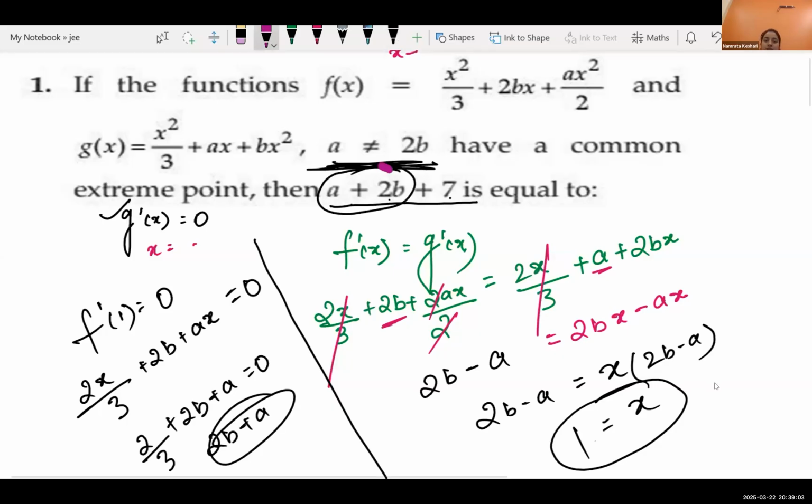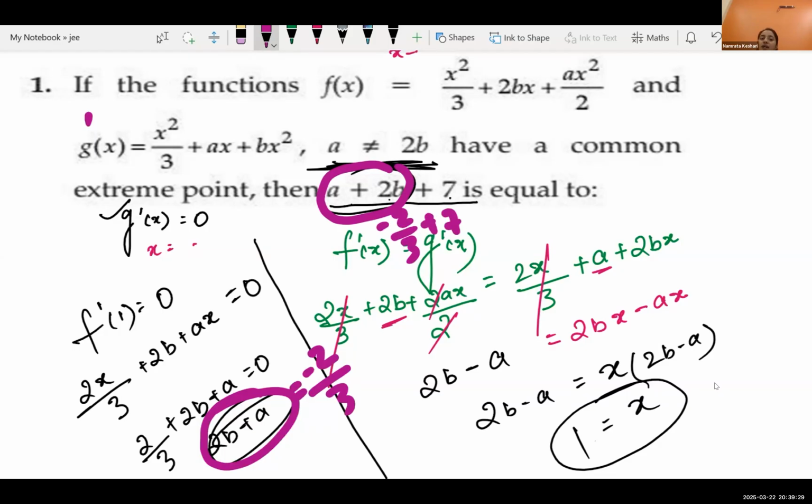We don't have to think about finding a and b separately. Just taking f dash 1 and comparing it with 0, directly we ended up getting the value of 2b plus a, that is negative 2 by 3. Then we can just substitute over here negative 2 by 3 plus 7, and we will be getting the final answer. Got it?